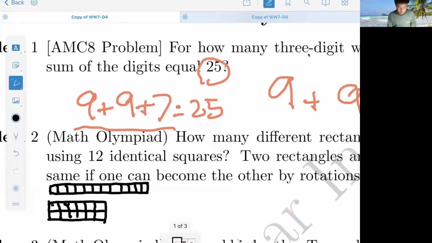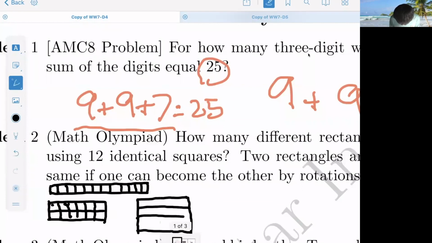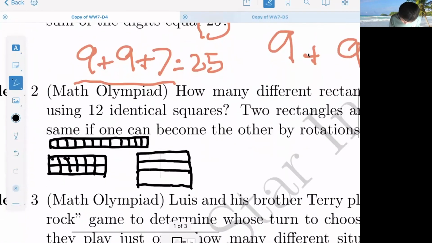The final case would be for it to have a width of 3 and a length of 4. So as you can see, there are 12 identical squares in every picture I drew.